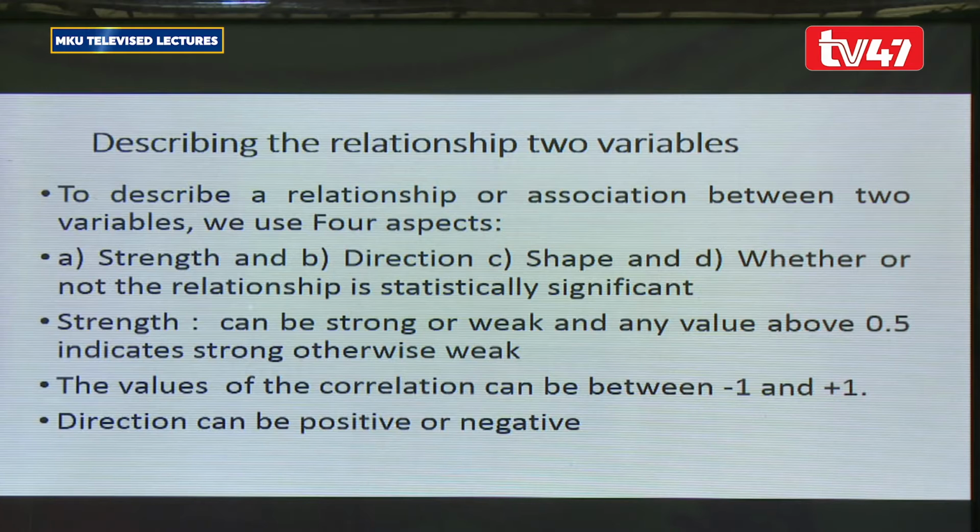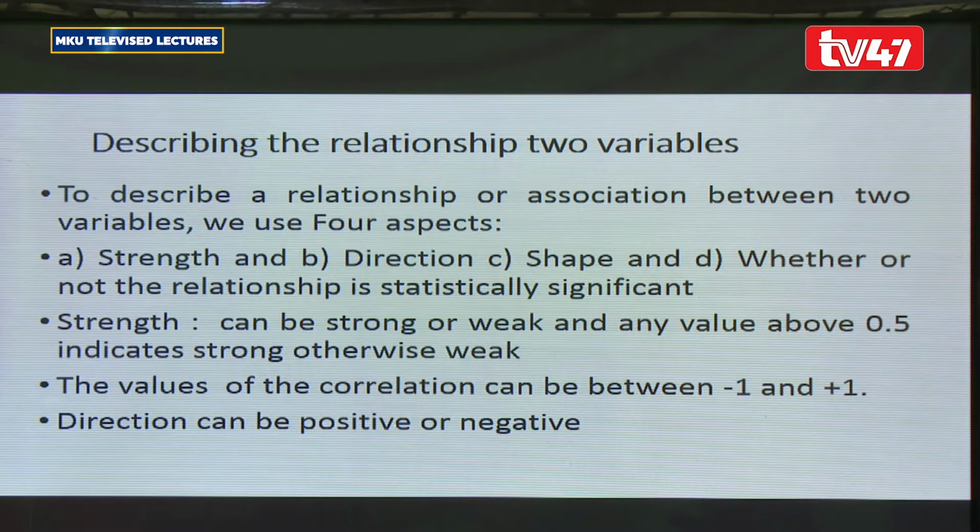In terms of strength, the strength is said to be strong or weak. But for you to know whether it is strong or weak, we have to get a rough idea about where to make a decision. The decision is around this number, 0.5. Anything that is below 0.5 is said to be weak. Anything above 0.5 is supposed to be strong.